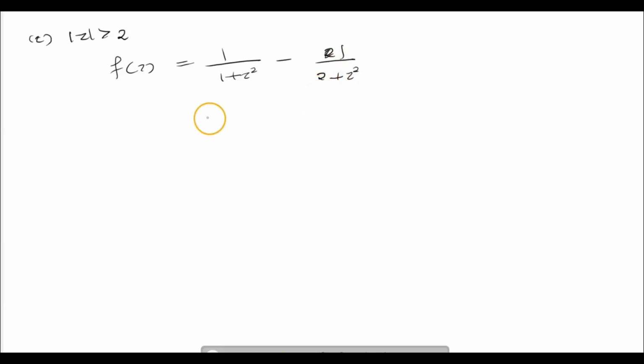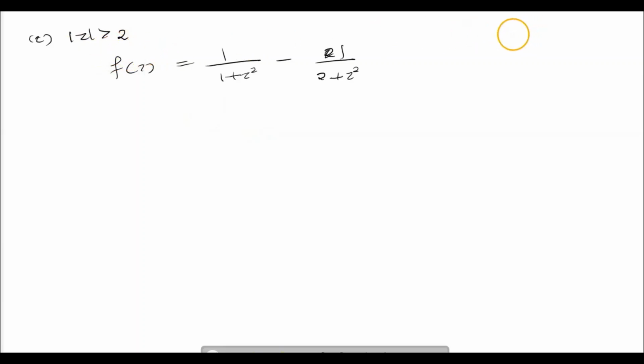Now the third one, mod z greater than 2. And the function is given by 1 by 1 plus z square and 1 by 2 plus z square. So this is mod z greater than 2.